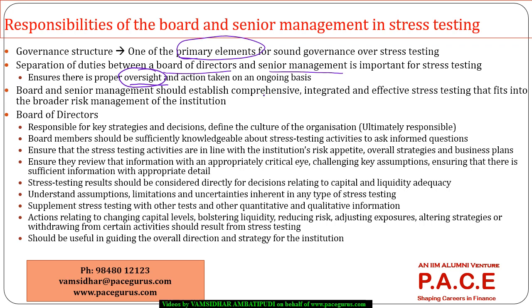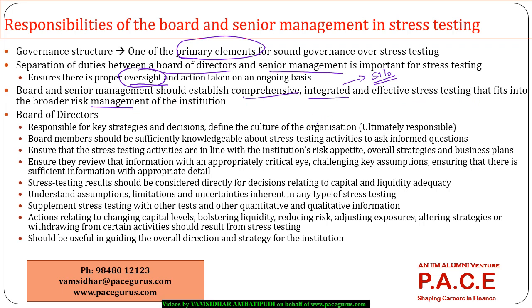So the major objective for board and senior management is to come out with a very comprehensive, fully detailed, integrated approach. Don't look at silos of different business lines. Take an integrated look of the overall firm, and effective stress testing fits into the overall risk management framework of the institution.